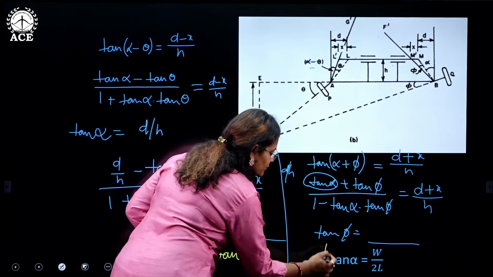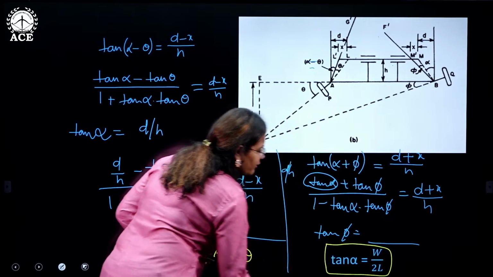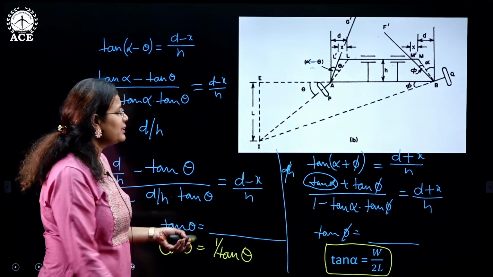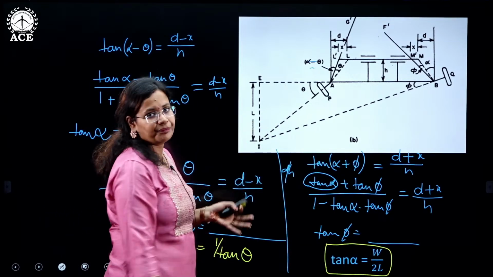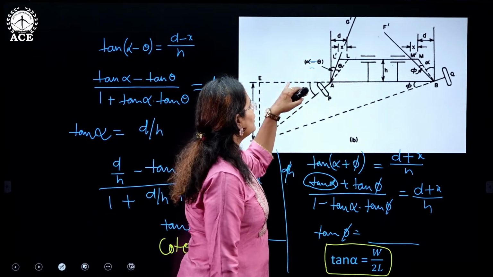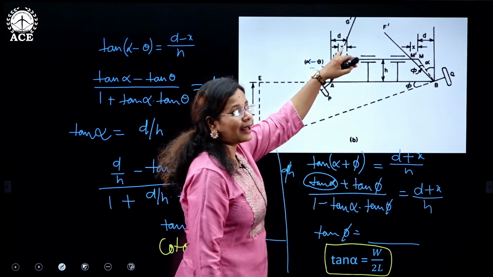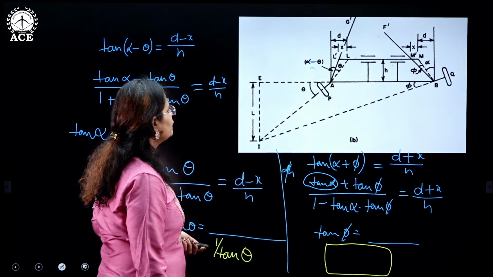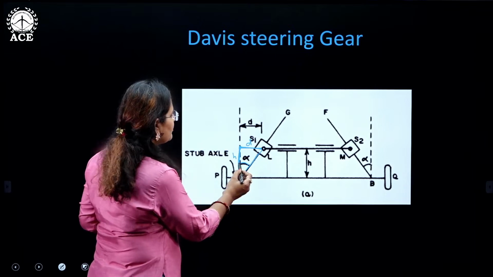So this is the equation. Once you solve for tan alpha, because alpha is the angle that it is turning, right? Alpha is the angle made by this perpendicular to the angle over here, the bell crank lever angle I told you. See the previous slide, this is the alpha.